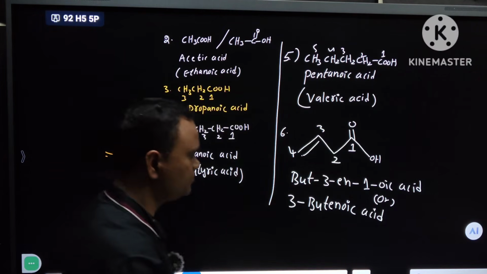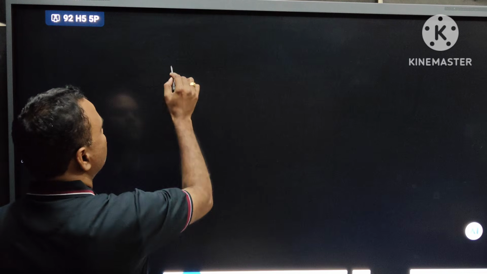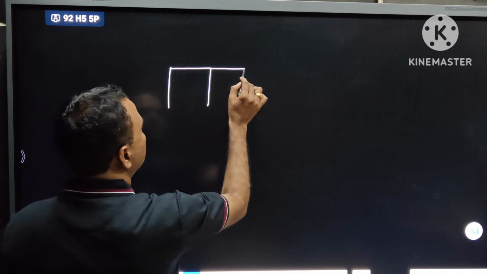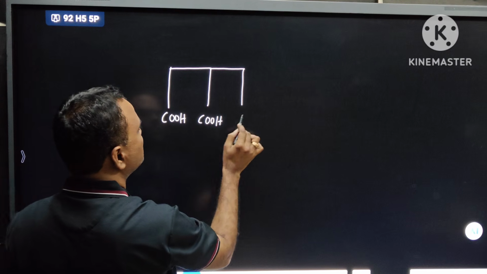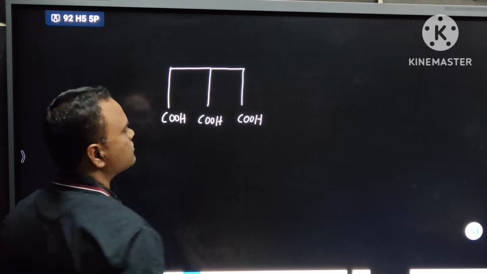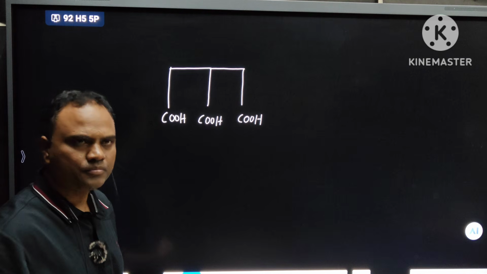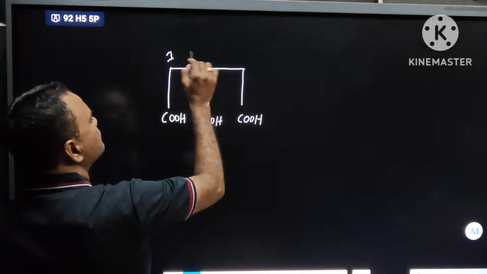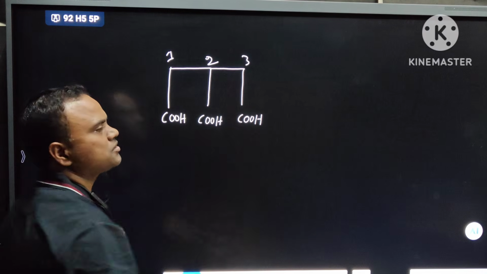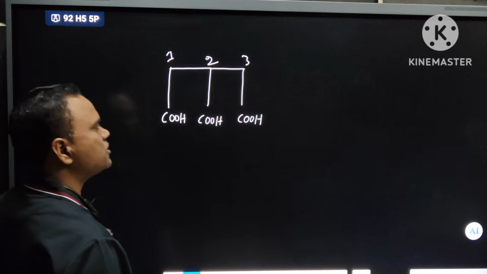Clear? Right. Now, who will give the correct answer for this example? I explained clearly about this. It is very similar to one compound in aldehydes. Oic acid means carba, a special word will come.